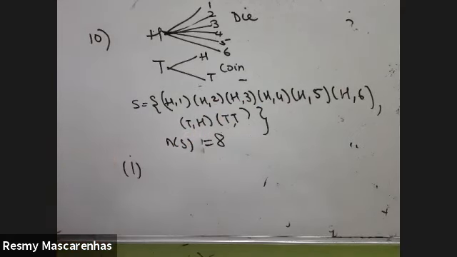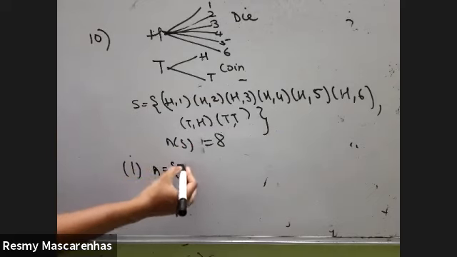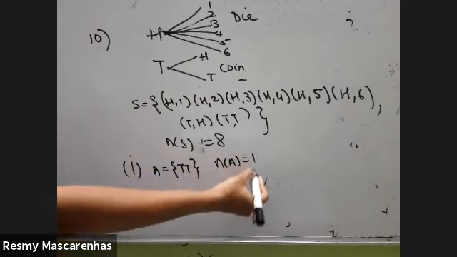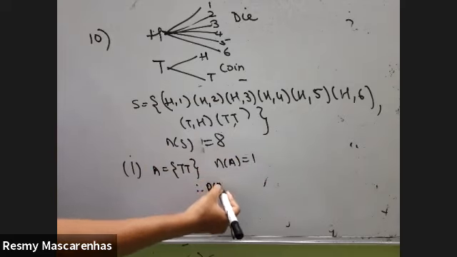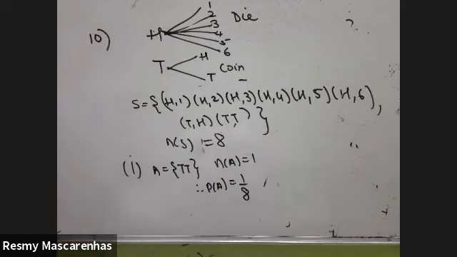Now your conditions. Find the probability of two tails. In the entire thing, there are two tails only over here. So N of A is 1. So what will be the answer? 1 by 8, 1 upon the sample space.